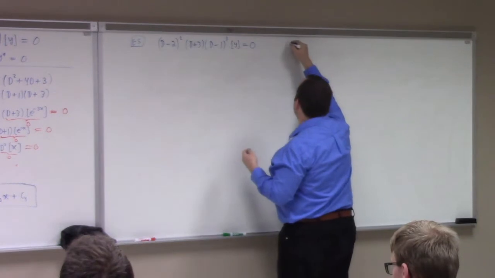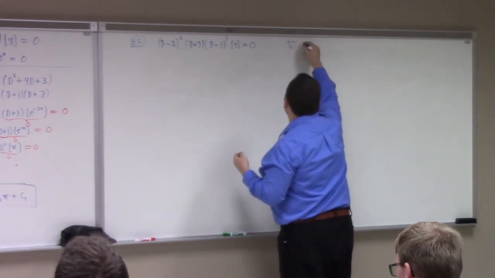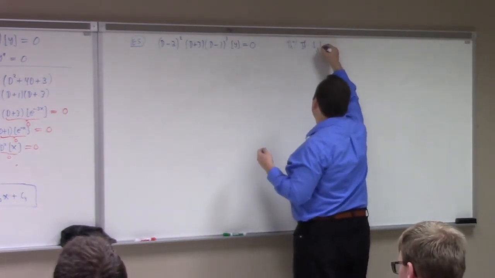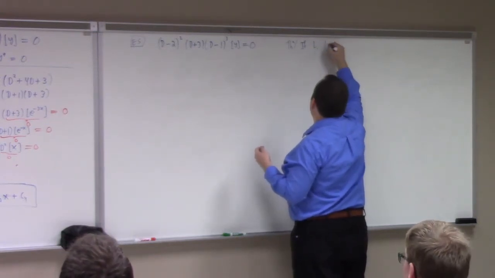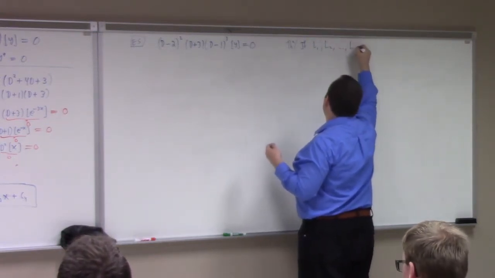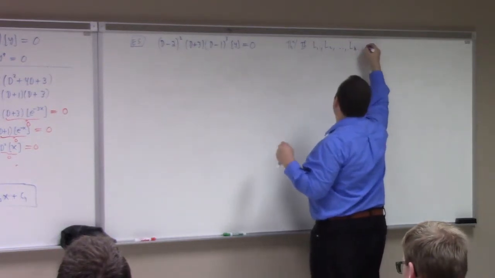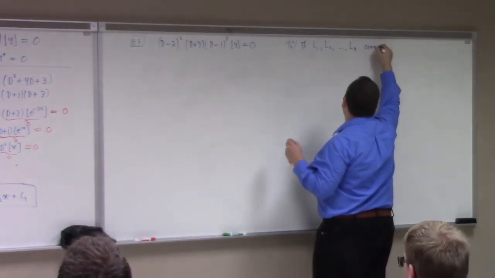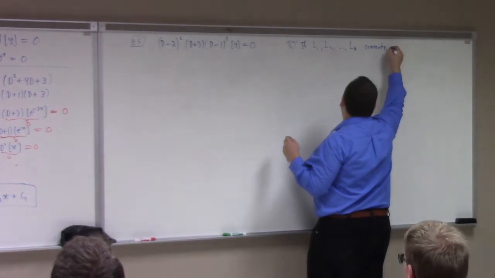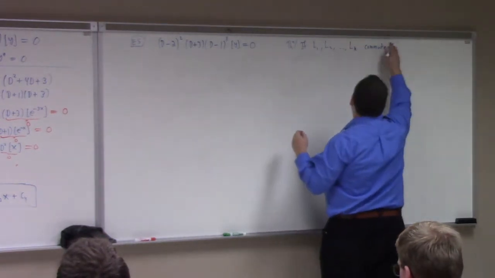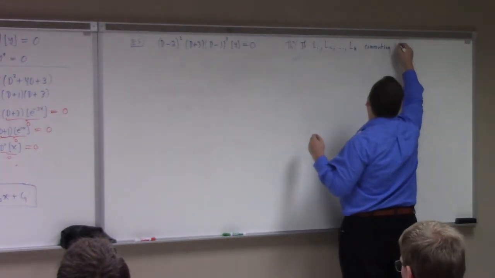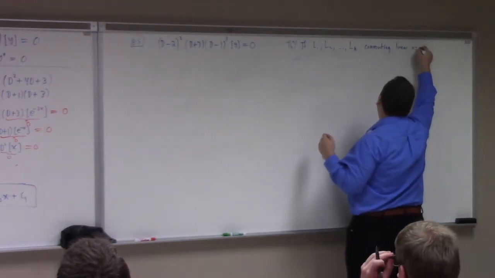The theorem is this. If you have L1, L2, Lk of them, let's say, commuting linear operators, all right?